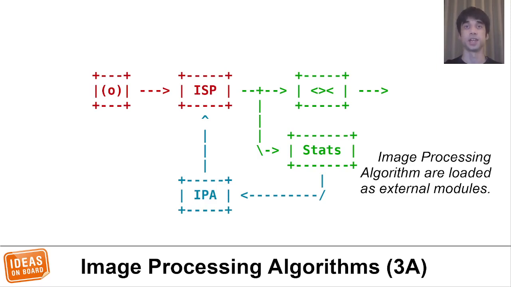This allows us to have different implementations of IPAs, and for example, we can have both a closed source IPA and an open source IPA. Of course, you won't use them at the same time, but you can choose between them. We do offer open source implementations of IPAs ourselves. This does not mean that we're forcing closed source into this free software camera stack, however.